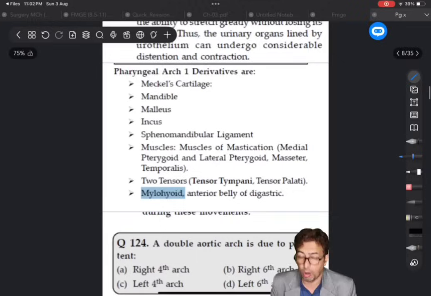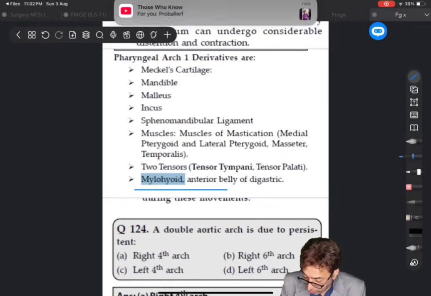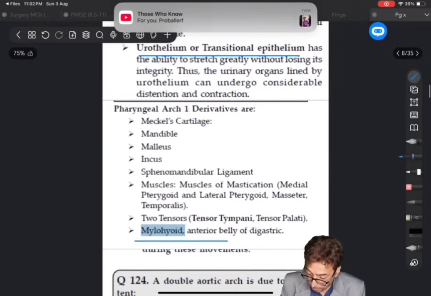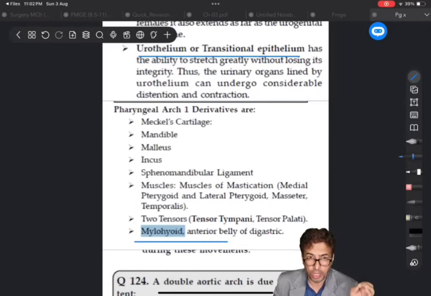Then the question asked about mylohyoid: the nerve supply to the mylohyoid muscle. As far as you are concerned, it is simple and conceptual. Pharyngeal arches: 1, 2, 3, 4, 6. 5 does not exist. You have to remember the nerve supply of each pharyngeal arch and the derivatives of each pharyngeal arch.